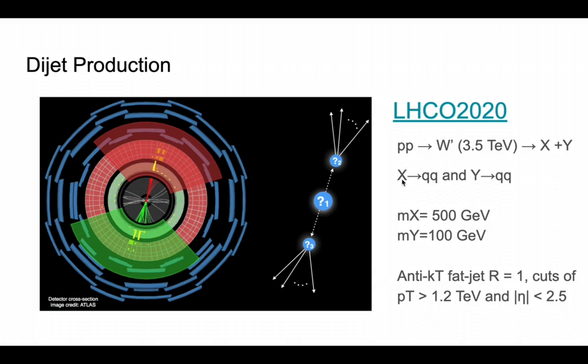The mass of the X particle is 500 GeV. The mass of the Y particle is 100 GeV. When the 2 particles hadronize into a spray of particles, we can introduce a jet clustering algorithm with jet radius 1.0, and require the transverse momentum of the jet to be greater than 1.2 TeV, and the rapidity to be less than 2.5 for this GAN study.